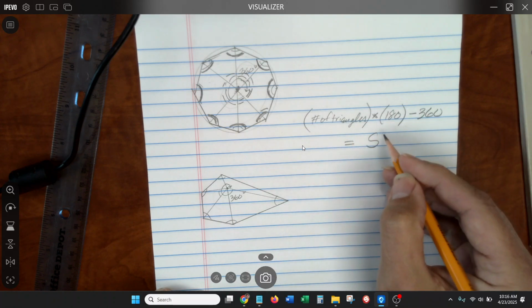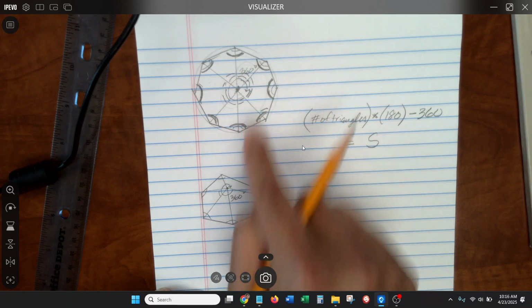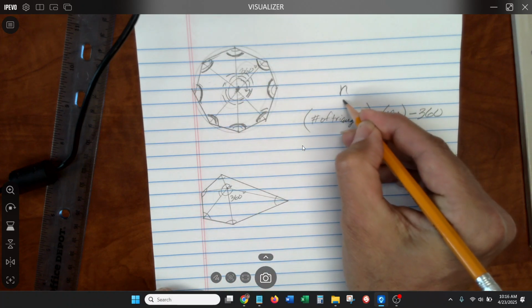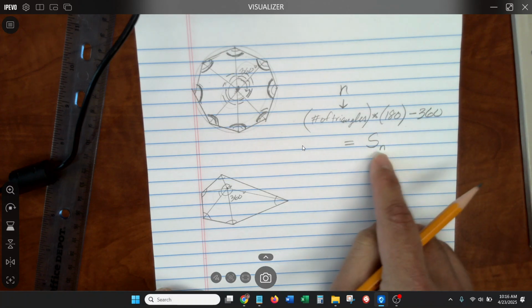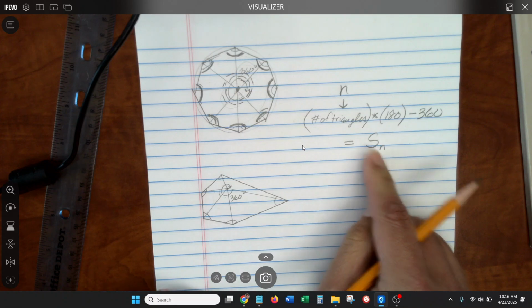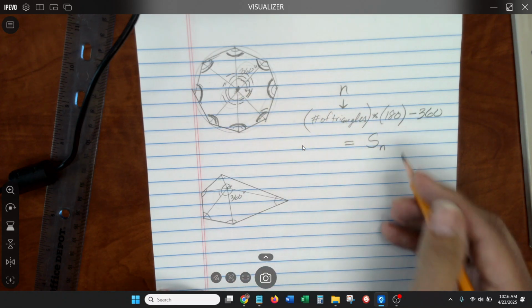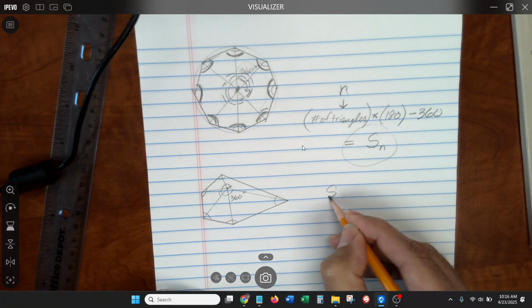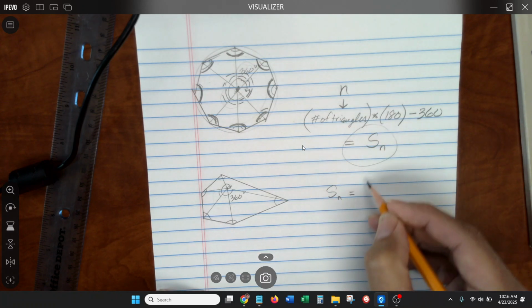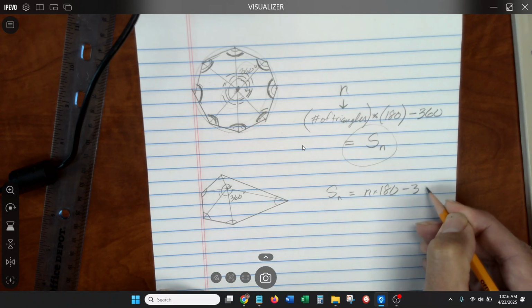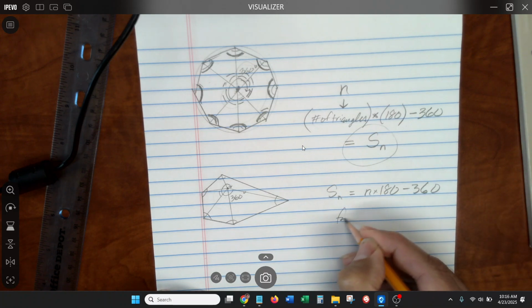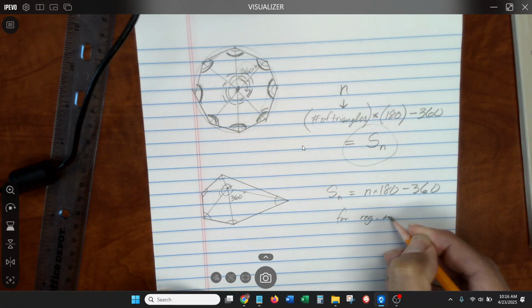So the number of triangles is going to be equal to the number of sides of the polygon, which would be n. And so the sum of the interior angles, whether it's regular or irregular, is always going to be n times 180 minus 360. That's for a regular polygon or irregular polygon.